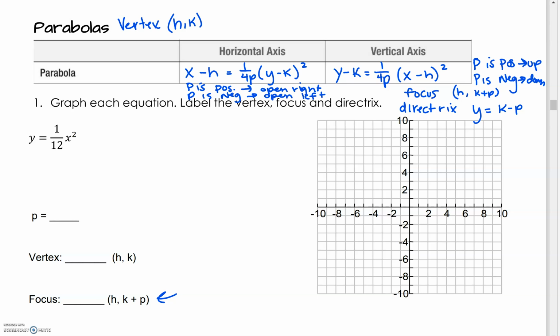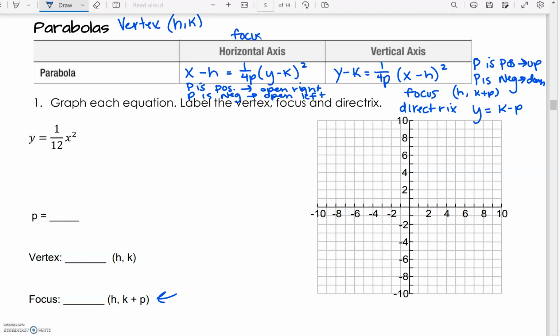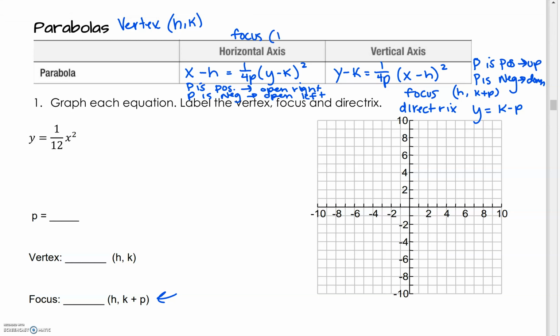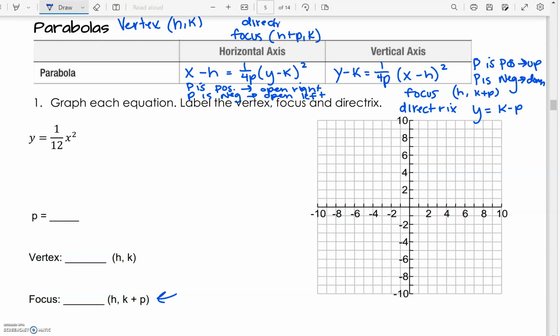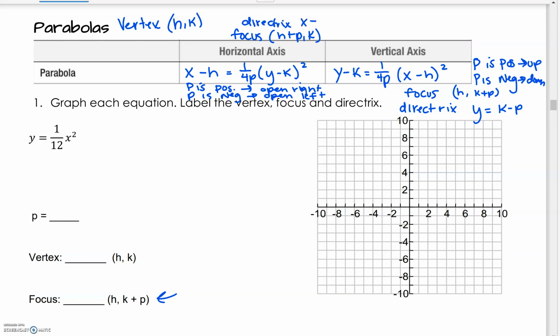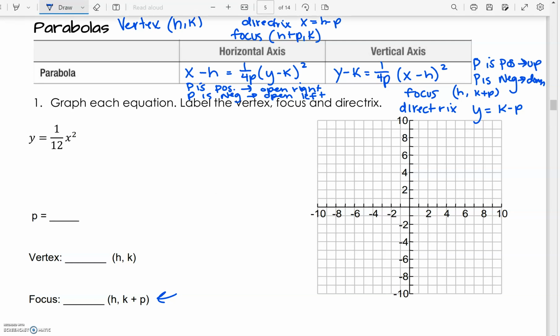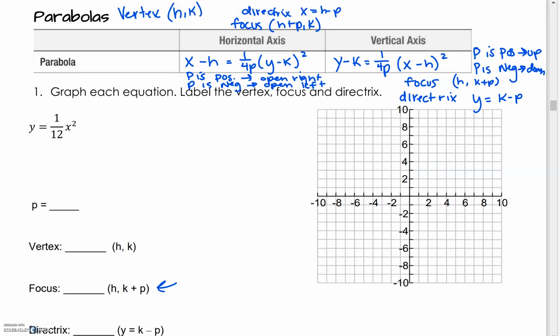And then our focus on this one is going to be (h plus p, k), and then our directrix is going to be x equals h minus p, which I'll have to fix because I think I just copied and pasted, so we're going to have to fix it on our one down below, not this first one. This first one we're good to go with figuring out what p is.